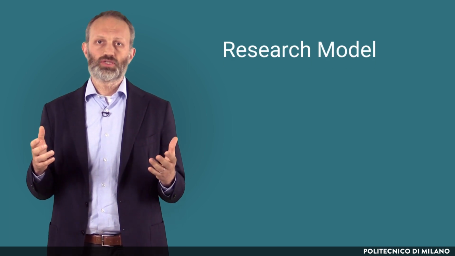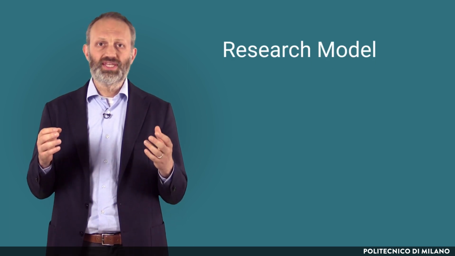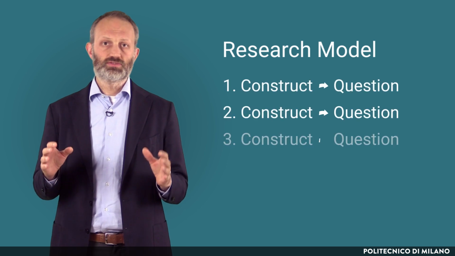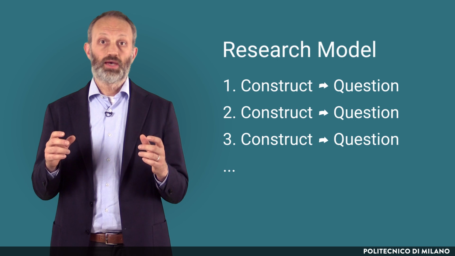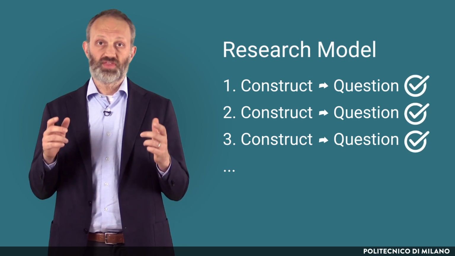The first recommendation is to start from the research model. In our questionnaire, we need to include only questions that allow us to measure the constructs included in the model, and to make sure we cover all of them. We need to avoid the temptation to ask more questions just in case, because this would result in an unnecessarily long questionnaire.